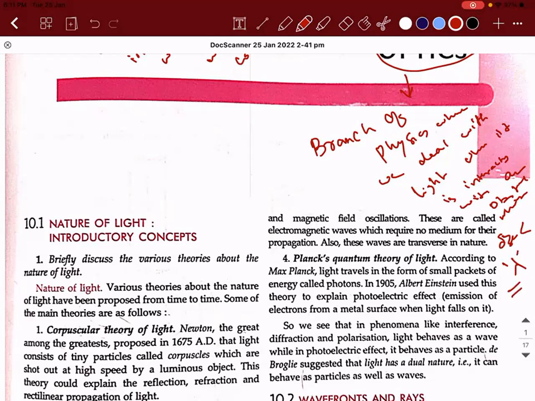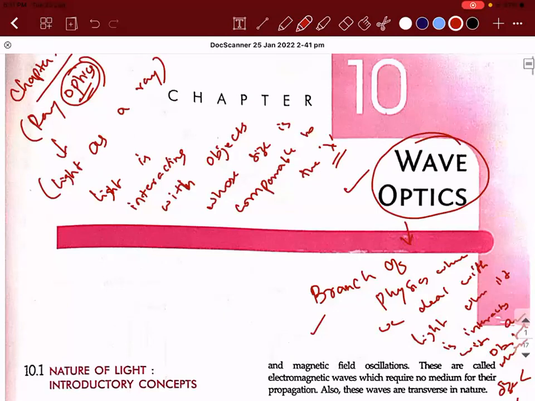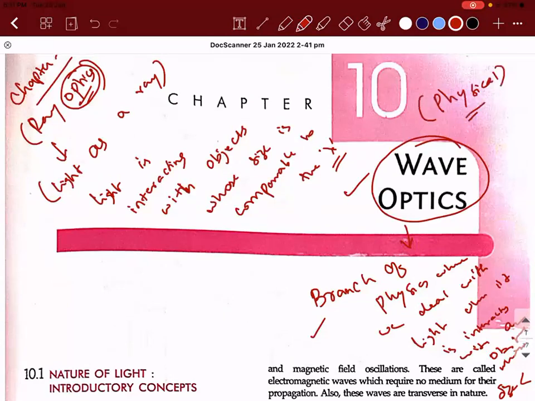That branch of physics is what we call wave optics, or more technically, it is also called physical optics.